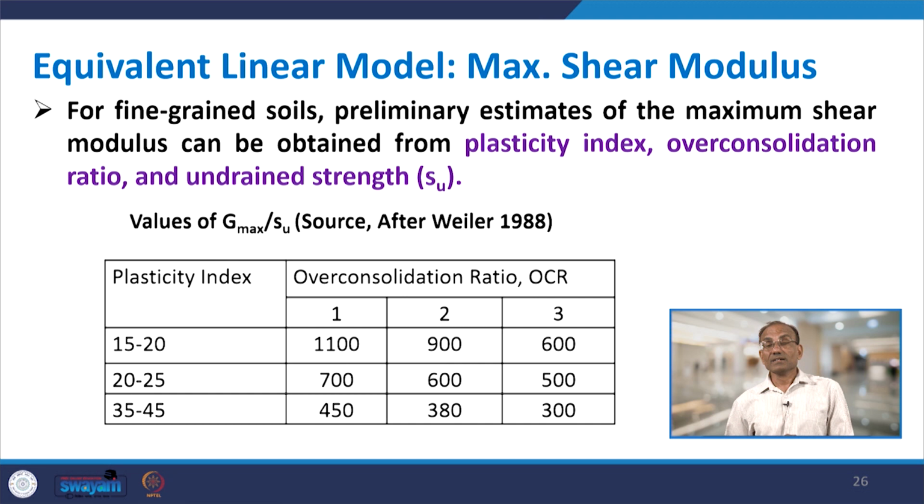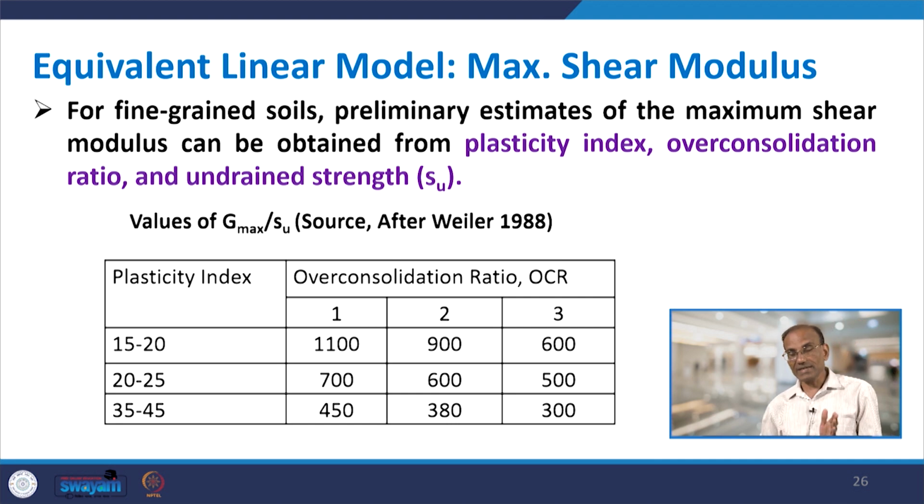Similarly, for fine-grained soils including clay, preliminary estimates of the maximum shear modulus can be obtained from PI, the plasticity index, the overconsolidation ratio, and undrained strength Su. These tables give you the ratio of Gmax by Su, and the table depends on two parameters. One is the plasticity index, in the first column on the left-hand side.